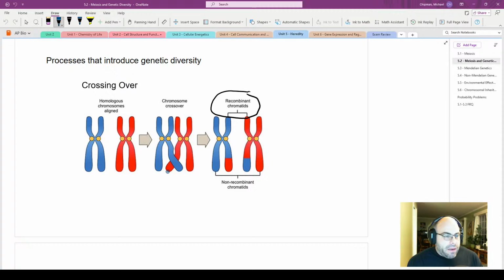Or if the dad has the disorder and the mom doesn't have it and the daughters don't have it and the sons have it too, then it's probably autosomal, because dads don't pass X chromosomes to their sons. It's kind of hard. You need a little more information.